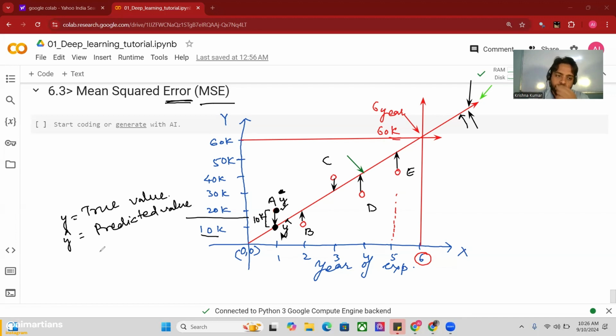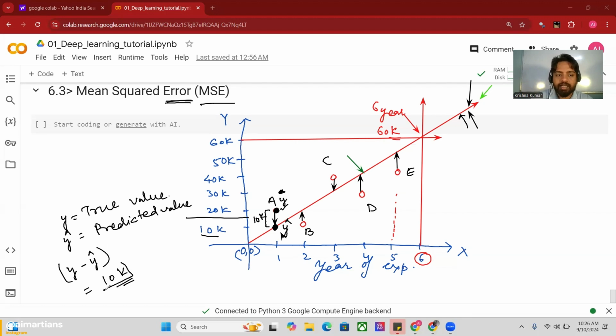So how can I calculate this? Let's say Y minus Y cap. So it is 10K.